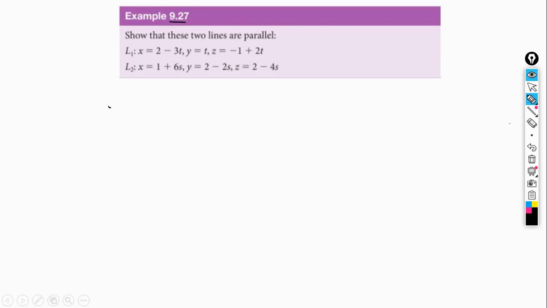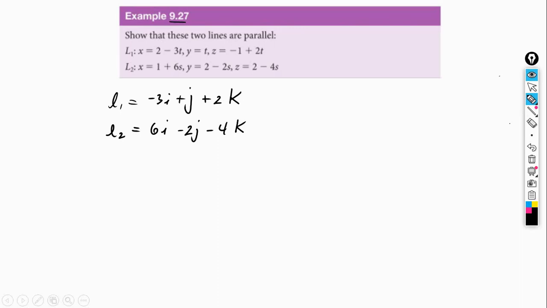Let's say that L1 is a vector parallel to line 1. This vector would be minus 3i plus j plus 2k. And then a vector parallel to line 2 would be L2, and this one is going to be 6i minus 2j minus 4k.